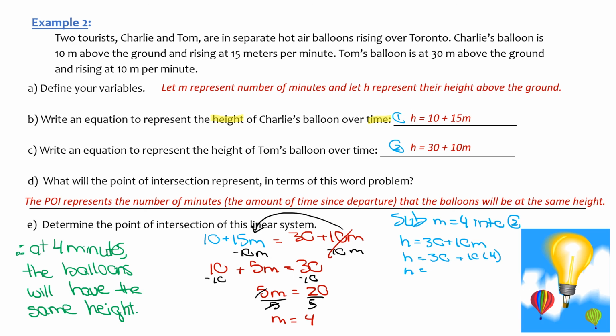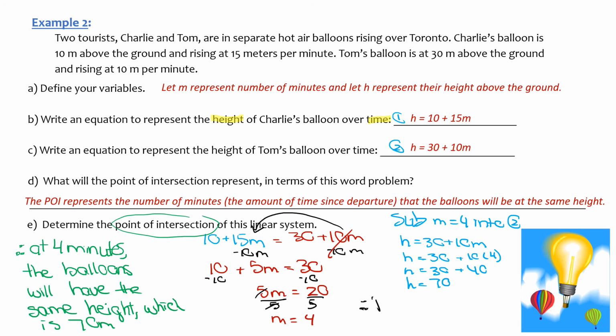So I get h equals 30 plus 40. h equals 70. So that means I'm going to add this onto my sentence here. At 4 minutes, the balloons will have the same height, which is 70 meters.